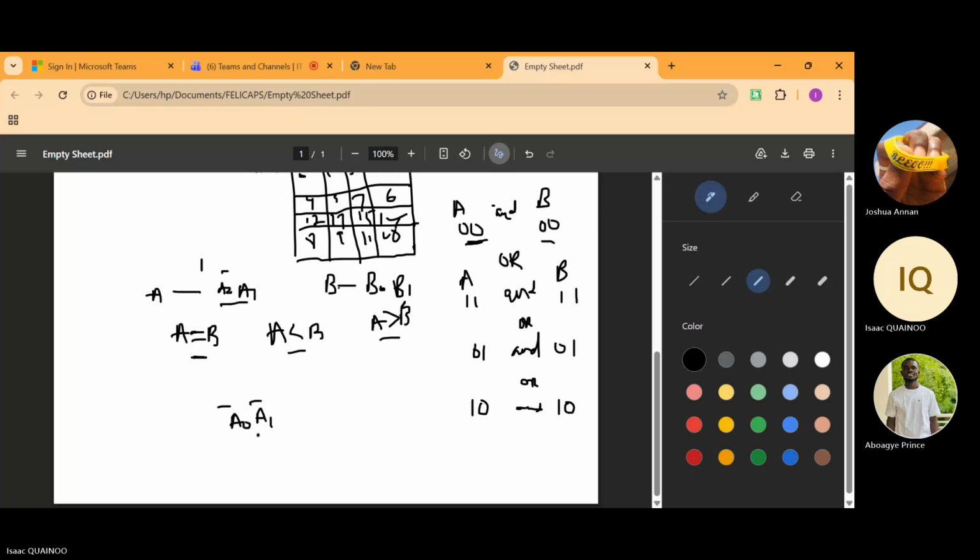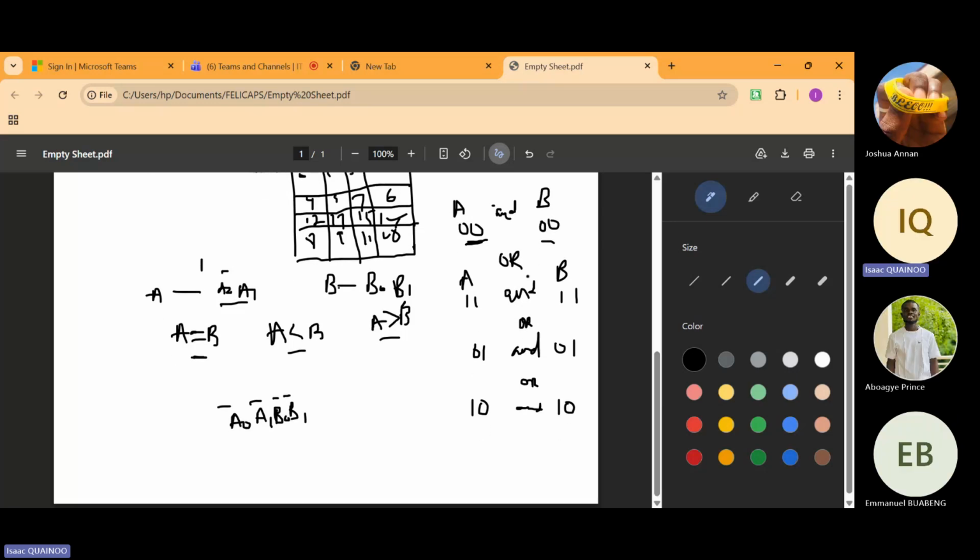Yes, exactly. And the B is B0 and B1, so that's also complements: B0 complement, B1 complement. That's scenario 1. So scenario 2, we said or, and we know or is addition, so we say plus. Then scenario 2, we said 1 and 1 and 1 and 1.